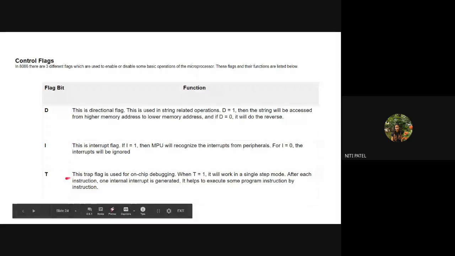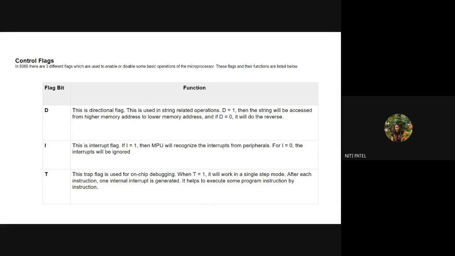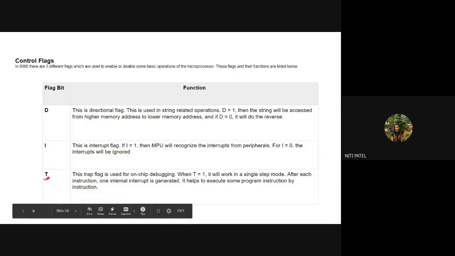Now, what is this trap? As I told you, the interrupts have priorities. If my father calls, I consider it a low priority and I am not going to attend. But if it is the principal, it is considered the highest priority as the exams are going on, so I have to take that call. So the trap is nothing but the interrupt with the highest priority.